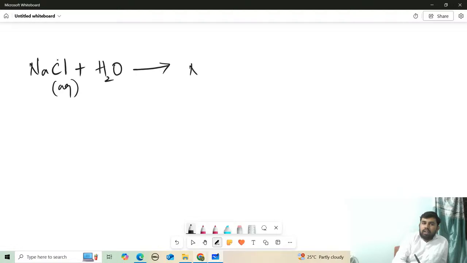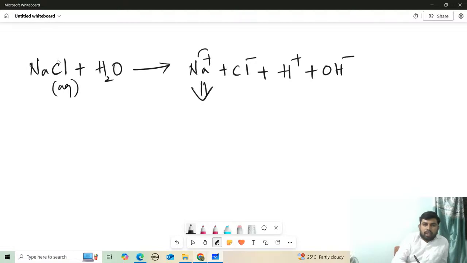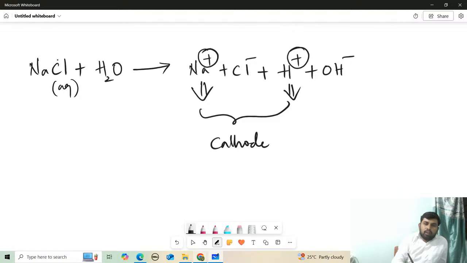Simply, Na plus ions and Cl minus ions. Similarly, from the water, H plus ions and OH minus ions are going to form. Now see, sodium ions carry a positive charge, and H plus ions carry a positive charge, so these two will be attracted and move towards the cathode. Cathode means a negative electrode.